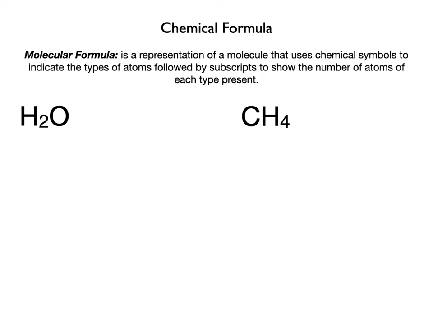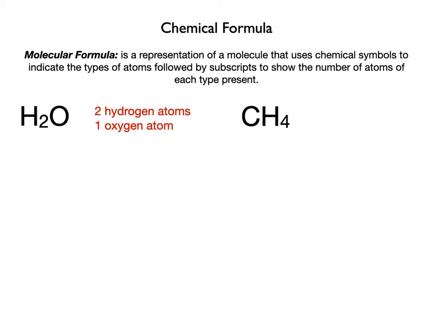It means there are 2 hydrogen atoms followed by an oxygen atom. So one water molecule contains 1 oxygen atom and 2 hydrogen atoms. All right, so that subscript tells us how many of each atom are present.